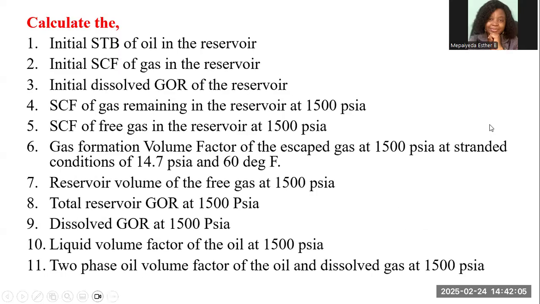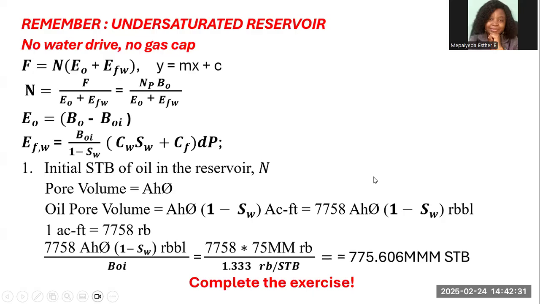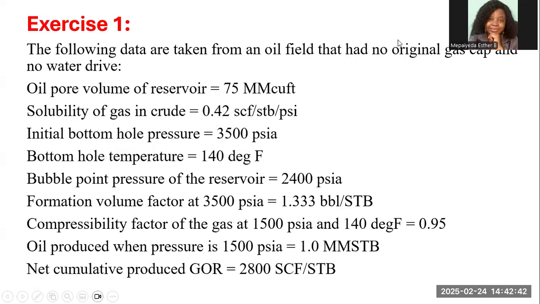So you're asked to calculate the following from 1 to 11: the initial STB of oil in the reservoir, initial SCF of gas in the reservoir, your reservoir volume of free gas at 1500 psi, your dissolved GOR. So you have to calculate all this. I think I actually kickstarted it for you. It's an undersaturated reservoir. We were told there is no water drive and no gas cap.